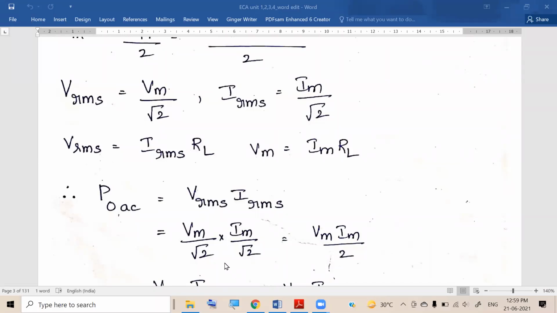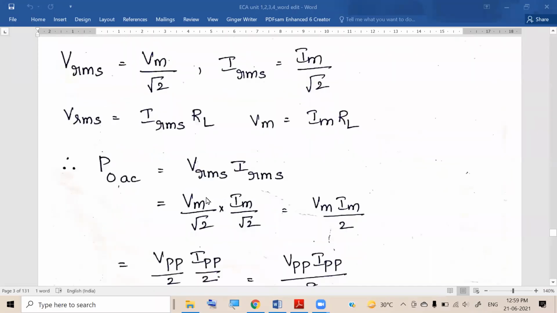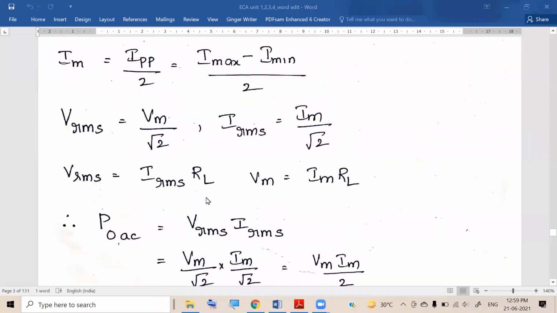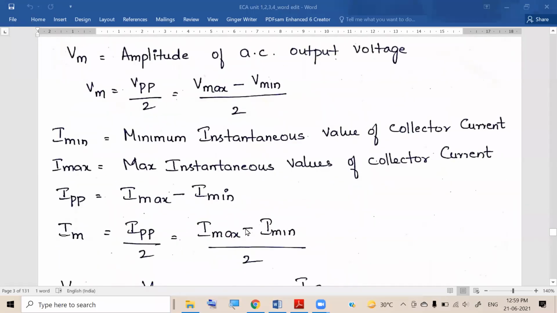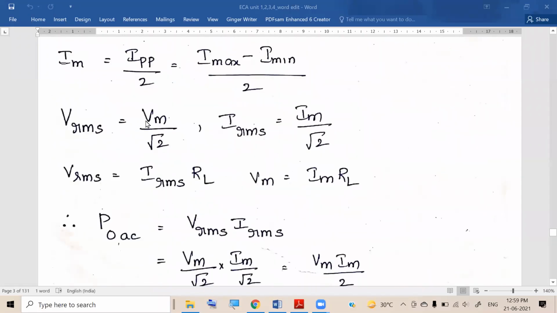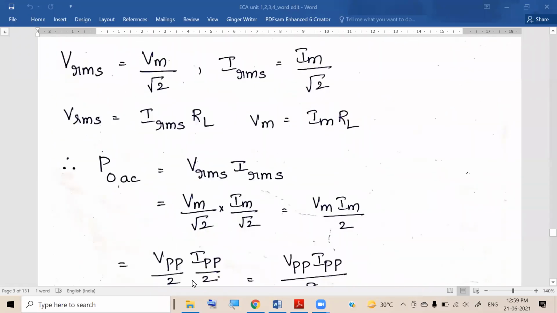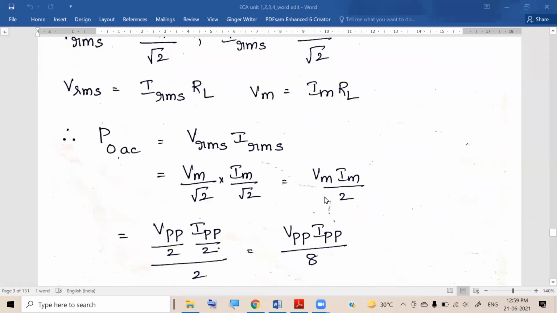Vm is V max minus V min by 2, which is VPP by 2. Im is I max minus I min by 2, which is IPP by 2. So Vm we will take as VPP by 2, and Im we will take as IPP by 2. There is one more by 2 here. 2, 2, 2. 2 into 2 into 2 becomes 8.